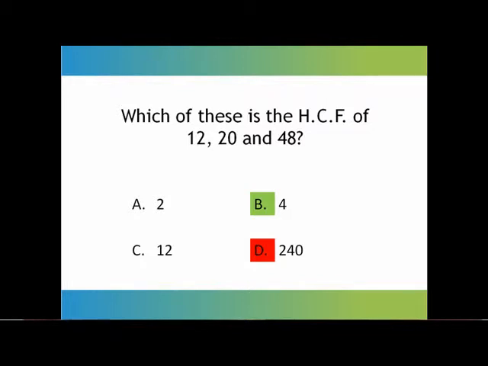Students who have chosen option A are just selecting a common factor and are forgetting to check for the highest of these common factors. Students who have selected option C may have incorrectly guessed that 12 is the factor of 20 and 48. In this video, we are especially concerned about the students who are selecting option D as the correct answer. These students are finding the LCM of these numbers instead of finding the HCF.